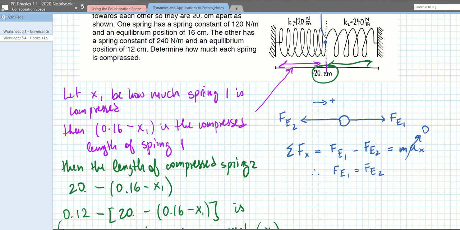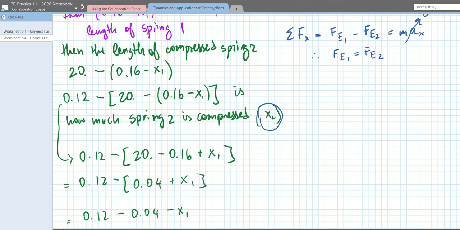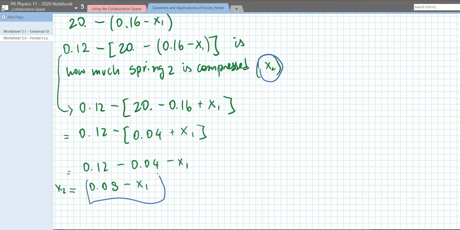Now we can replace this with the elastic force definition, which is going to be our delta x times the constant. In this case, the delta x is going to be represented by our x1 in the first one and our x2 in the second one, which is the expression down here. So this is our x2 we're going to plug in.